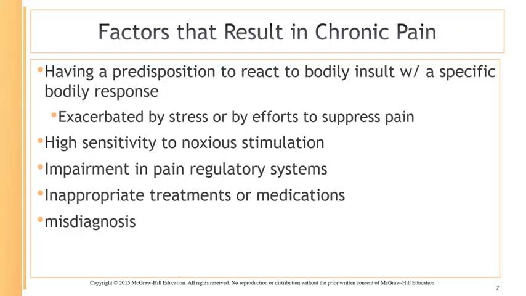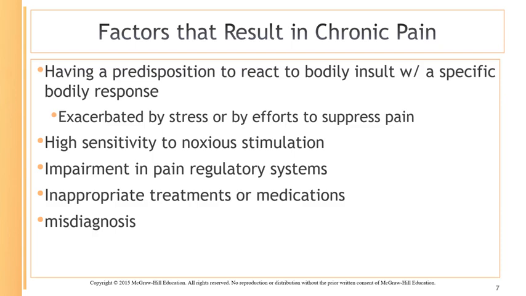Chronic pain patients can experience pain due to high sensitivity to noxious stimuli, having an impairment in their pain regulatory system, or an overlay of psychological distress. With chronic pain, it usually requires an individualized treatment plan through a variety of methods and techniques that can be used by both patients themselves and by doctors.